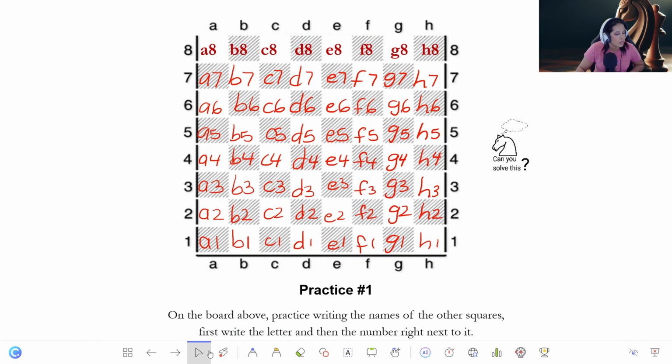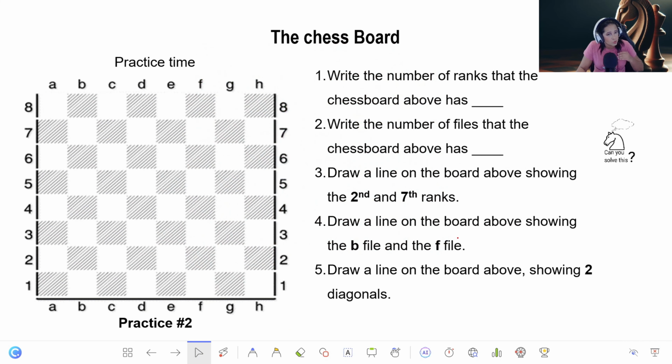So now let's go to the next one, practice number 2. Practice time. Write the number of ranks that the chessboard has. It says above because in the book you have it above, but here you have it on the side. So let's count how many ranks we have.